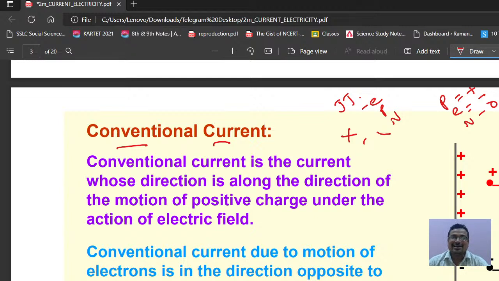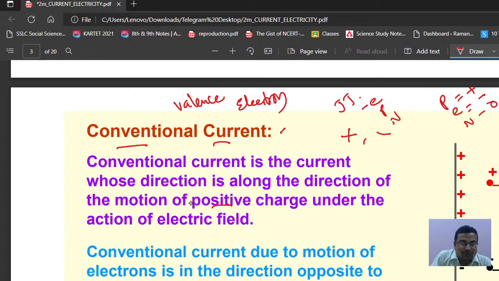Who is moving in a conductor? The valence electron. Why is the metal a conductor? Why is the plastic an insulator? Because metal has valence electrons. So electron is moving in a conductor. When the electron was not discovered, the scientists gave the direction for conventional current from positive to negative.